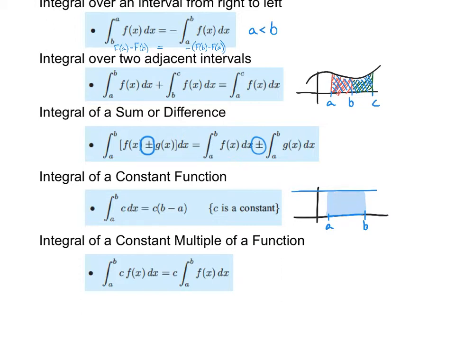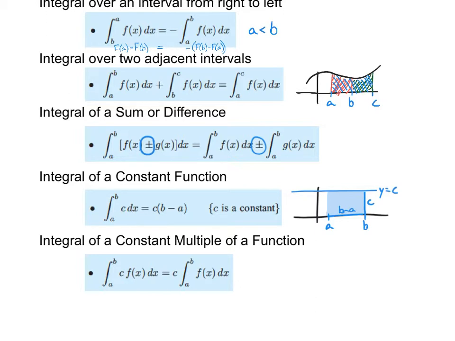So if this constant is y equals c, then the rectangle has a height of c and the base is b minus a. So you don't even have to go through the whole process of the antiderivative and the fundamental theorem. You can just write down the area of that rectangle: c times b minus a.